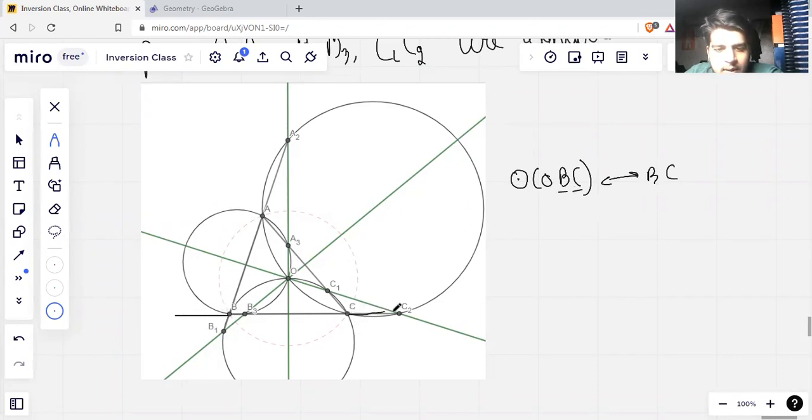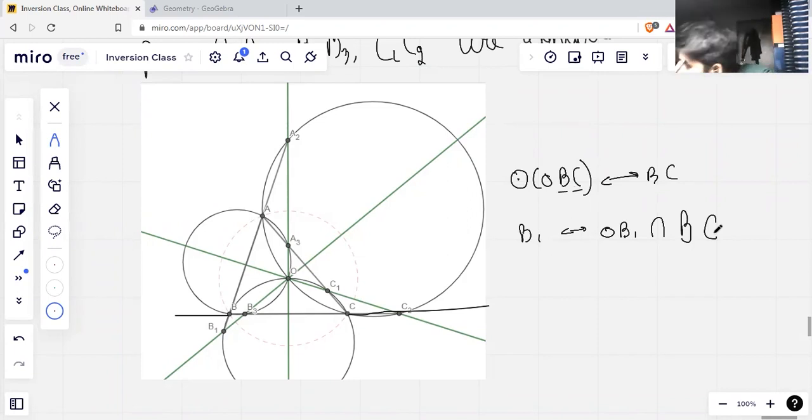This thing goes to BC, which means B1 goes to OB1 intersection BC. Yeah, this makes sense.